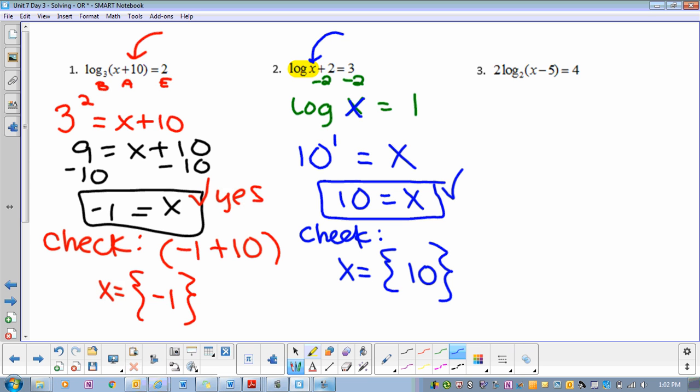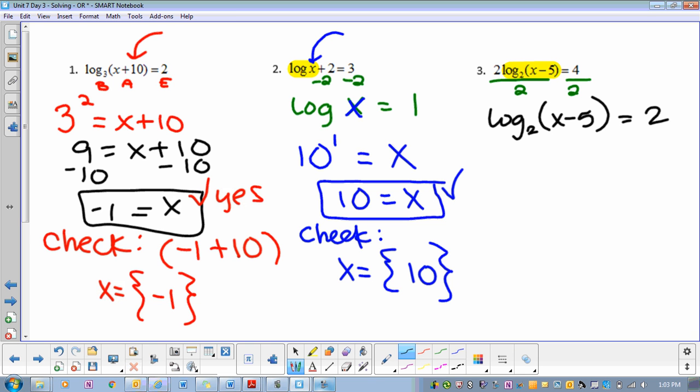All right, let's try the next one. Log base 2 of x minus 5. So what do I need to do with that 2? Divide by 2. So log base 2 of x minus 5 equals 2.